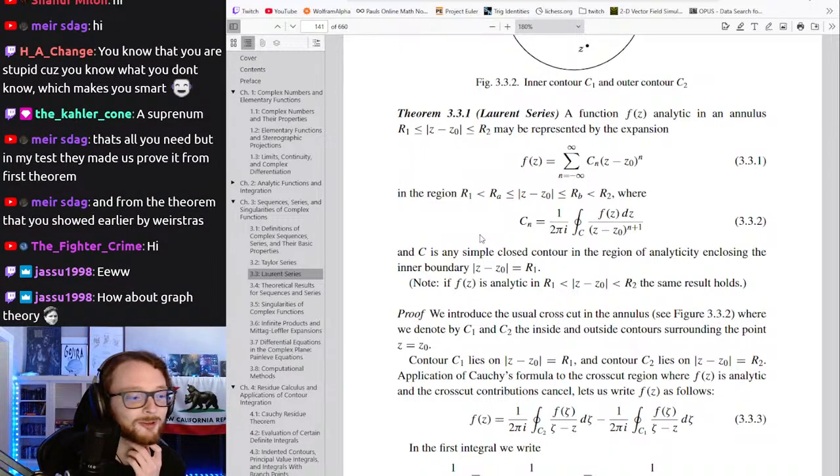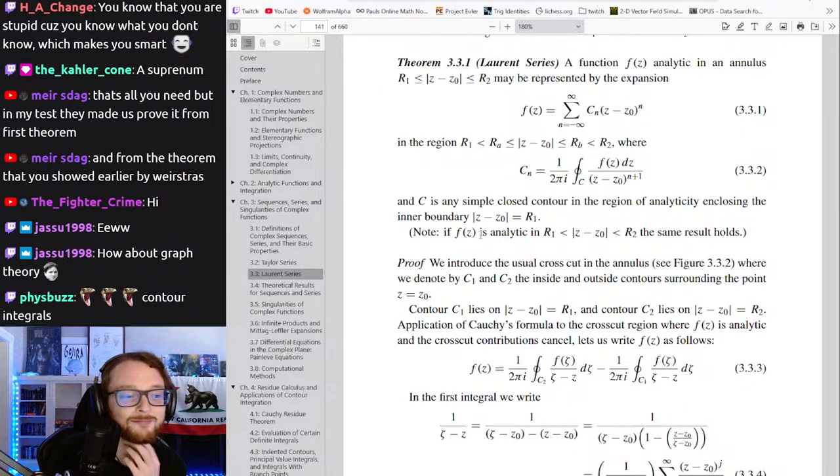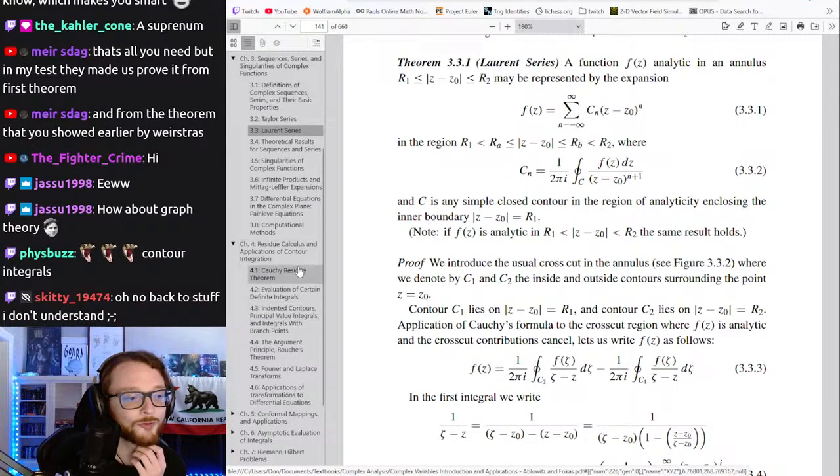That's omega at you. Take that graph theory and shove it where the sun don't shine. Oh yeah, we were just doing residues. We finally got that far.